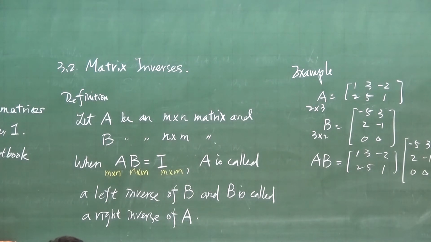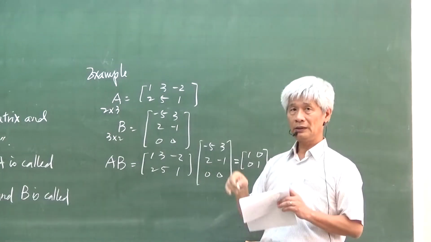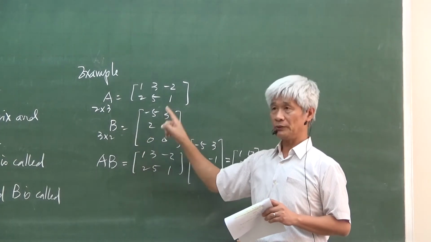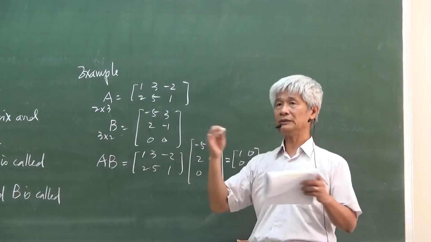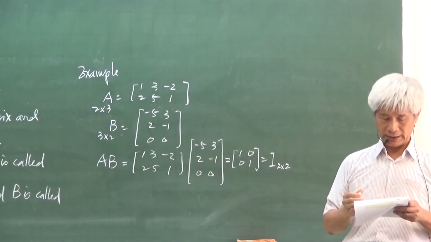From this particular example, you can see that matrix A is a left inverse of matrix B. On the other hand, matrix B is a right inverse of matrix A. Okay, so you can construct many examples.